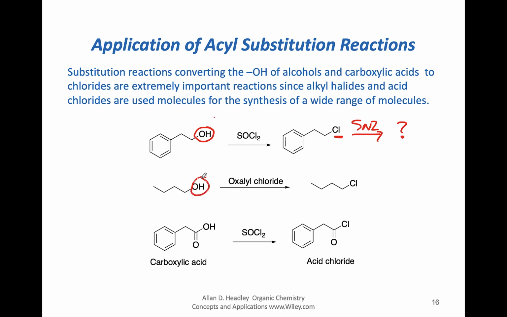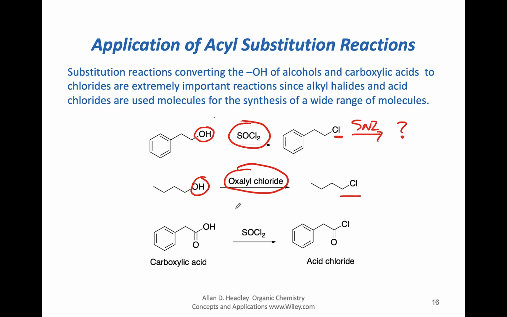Same here, primary halide. Notice this is thionyl chloride and this is oxalyl chloride. So you have a choice here in terms of reagent. So when you take your test or your quiz, you may want to have a little cheat sheet available with the different reagents ready, so you know which one to use.